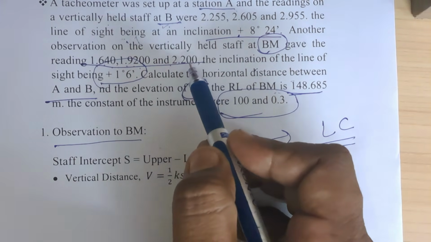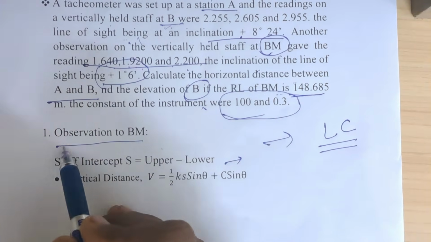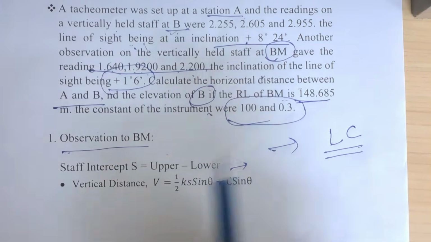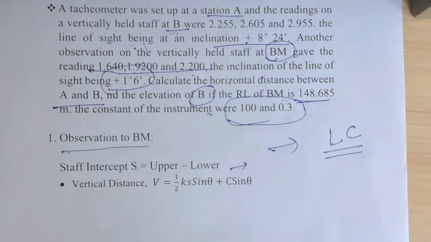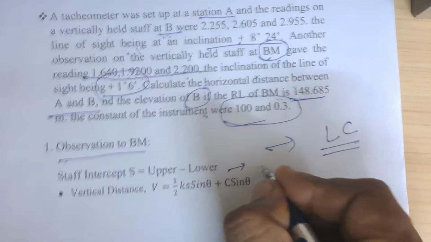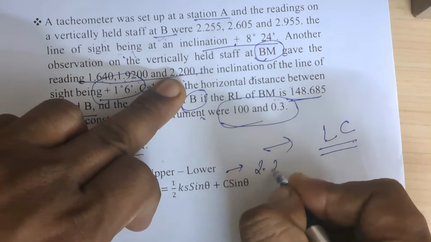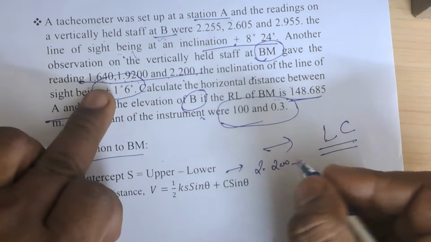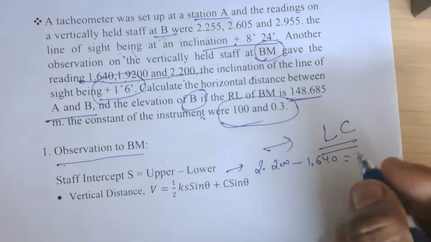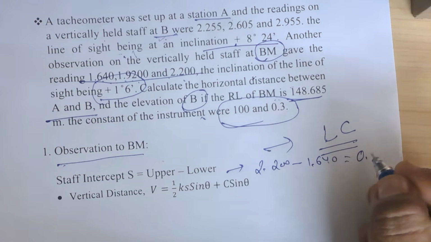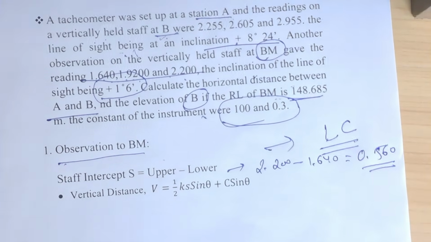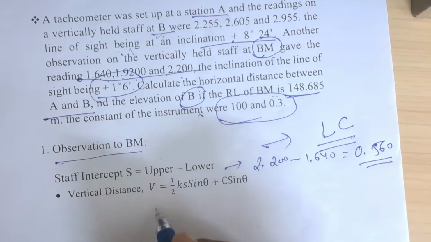These are the readings we need to consider while calculating the LC, that is the line of collimation, and the benchmark reading. So here the upper minus lower means 2.200 minus 1.640. So that will be your reading, and the answer is 0.560. So this will be your staff intercept.